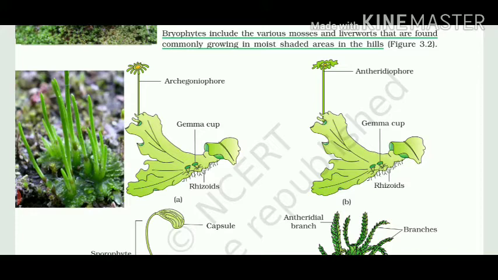If you remember, generally in the flowering plants, we call anthers the male parts. So in this way, you can remember that on the male thallus, antheridiophores are the special structures which produce male gametes. And archegoniophores are the female structures which produce female gametes.